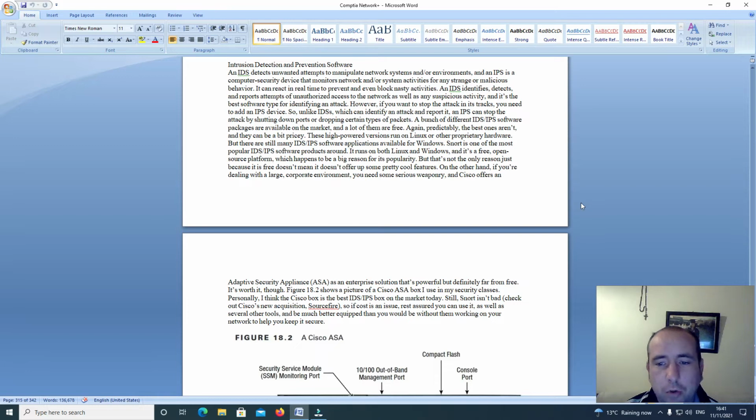Snort is one of the most popular IDS/IPS software products around. It runs on both Linux and Windows, and it's free and open source, which happens to be a big reason for its popularity. But that's not the only reason. Just because it's free doesn't mean it doesn't offer some pretty cool features. On the other hand, if you're dealing with a large corporate environment, you'll need some serious weaponry.